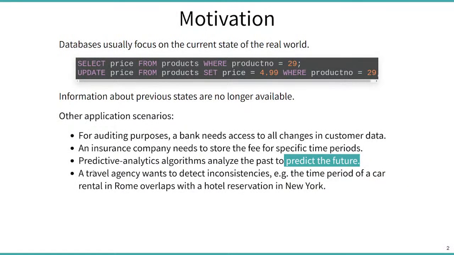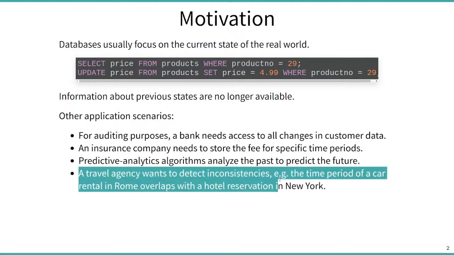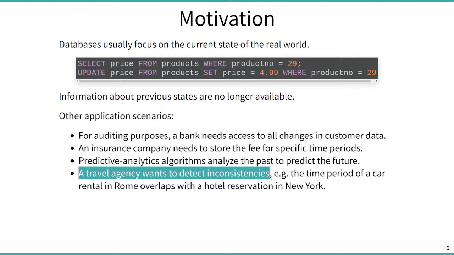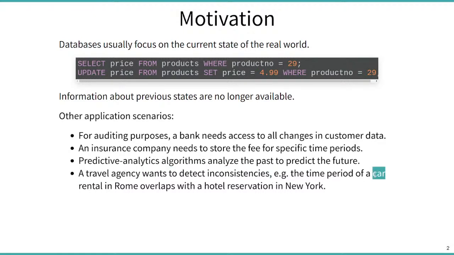And a last example that I used here is a travel agency wants to detect inconsistencies. So we store when somebody rents a car. Peter rents the car in Rome from the 1st to the 5th July, but this overlaps with a hotel reservation in New York.